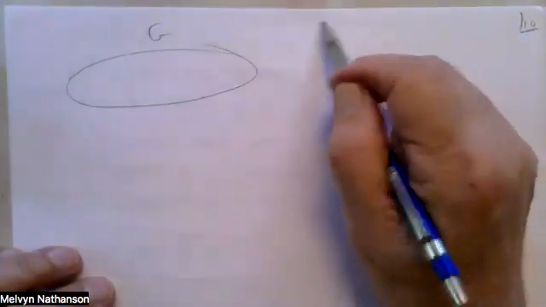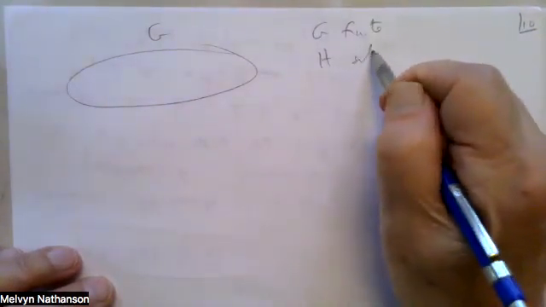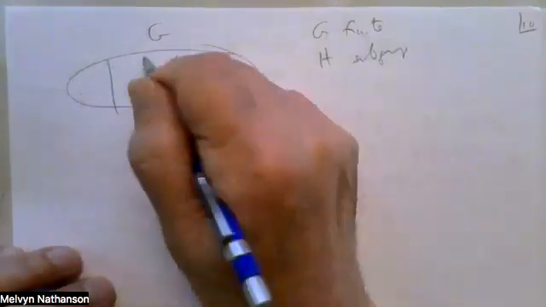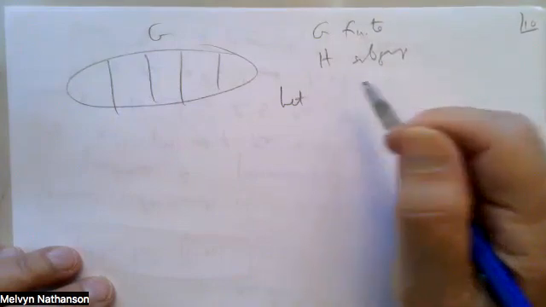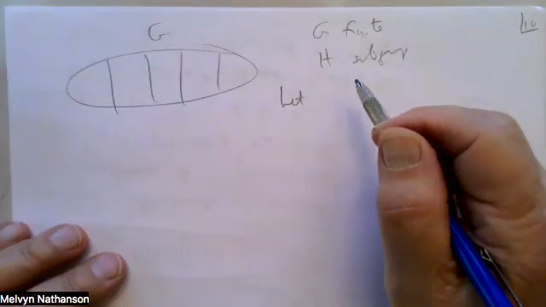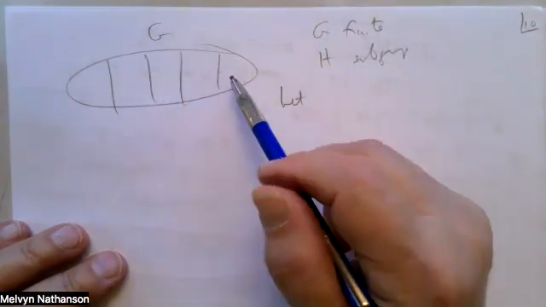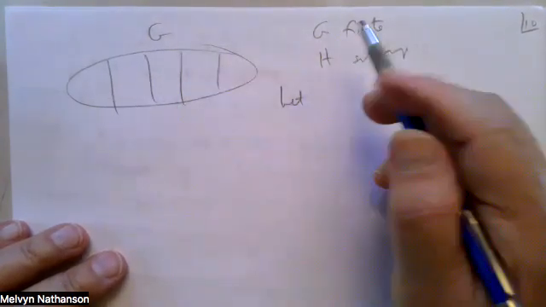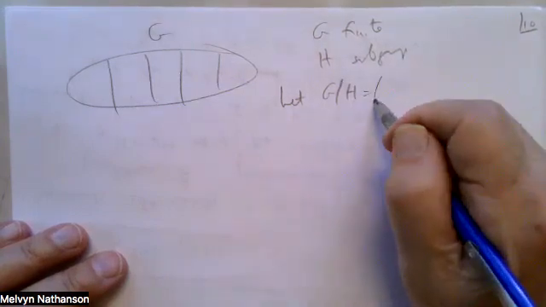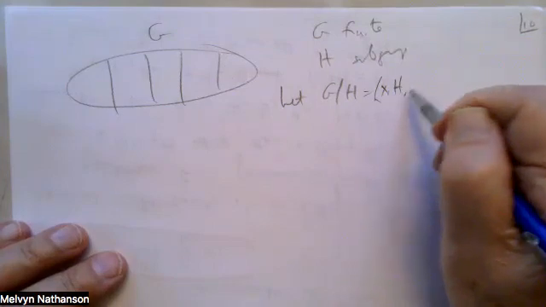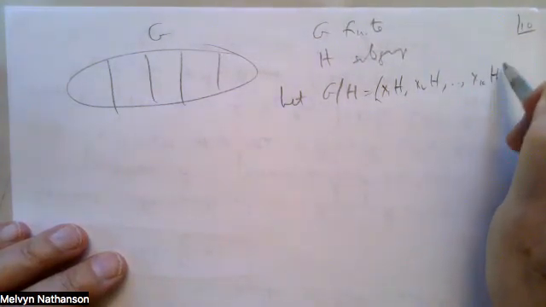Here we have G. G is finite. H is a subgroup. So we have all the different left cosets. There can only be finitely many. Every coset is a non-empty set, so you can't have infinitely many disjoint subsets contained in a finite set. So suppose the set of left cosets is x1H, x2H, up to xkH.